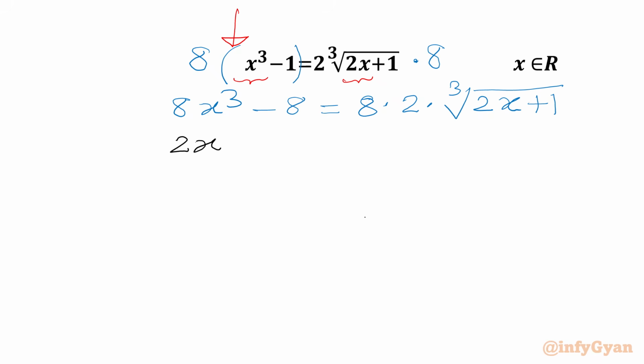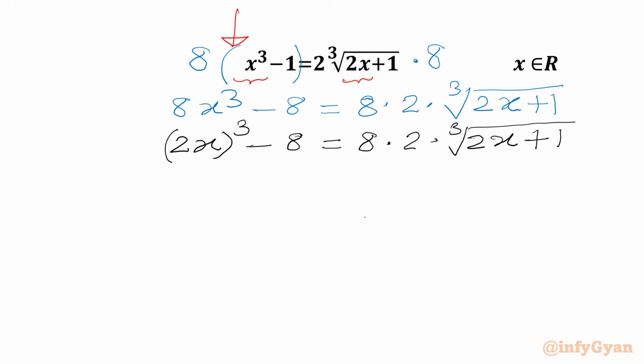Using the exponent law, we will be writing here (2x) whole cube minus 8 equal to 8 times 2 times cube root of 2x plus 1. Now we have 2x in the RHS and 2x in the LHS.